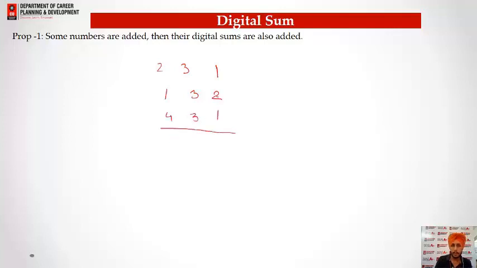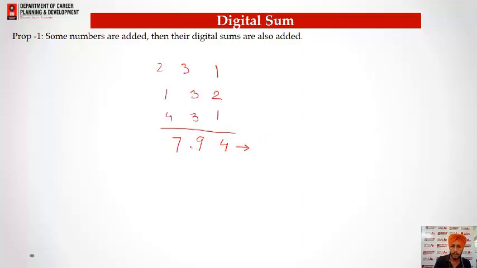Let's add these numbers. 2 plus 1 plus 1 is 4, 3 plus 3 plus 3 is 9, 2 plus 1 plus 4 is 7. So the answer is 794.